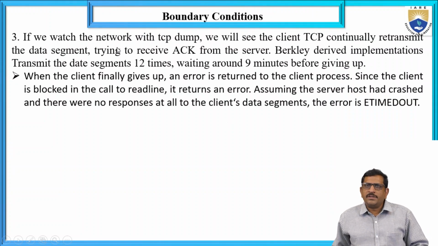If we watch the network with tcpdump, we will generally see the Transmission Control Protocol transmitting the data segment from the client to the server. So the client sends the request.